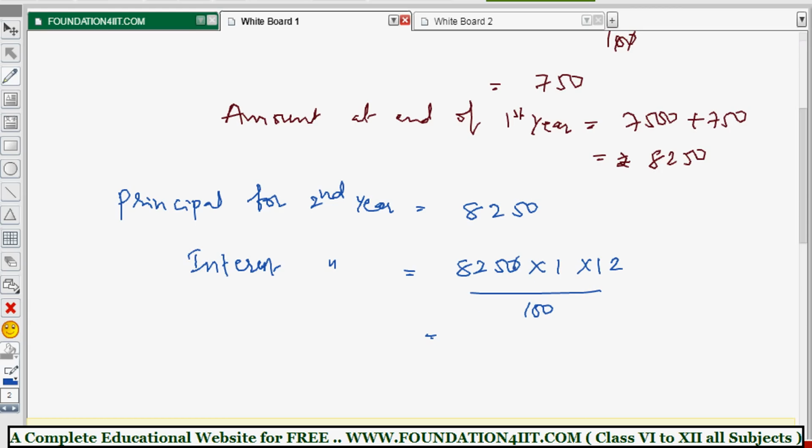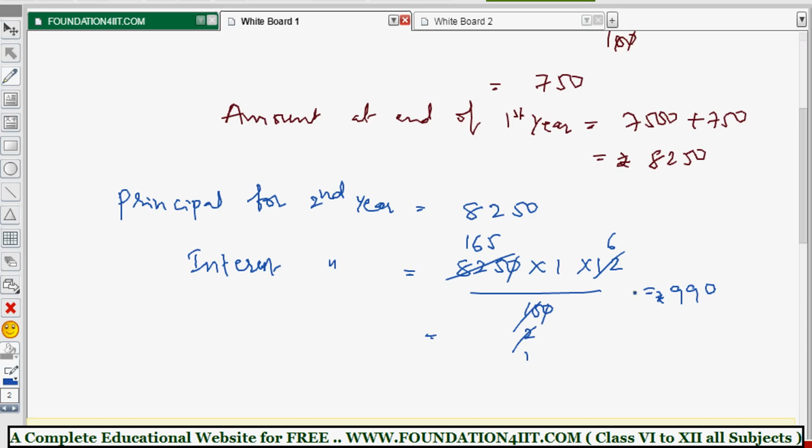You can calculate this: cancel the zero, 165 into 6, that is 990 rupees interest for second year.